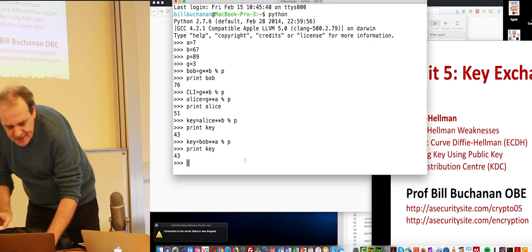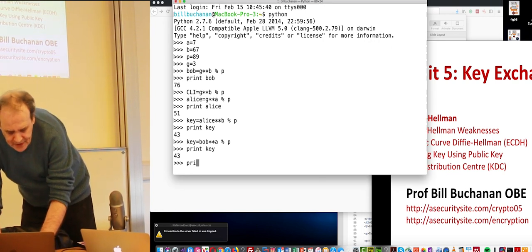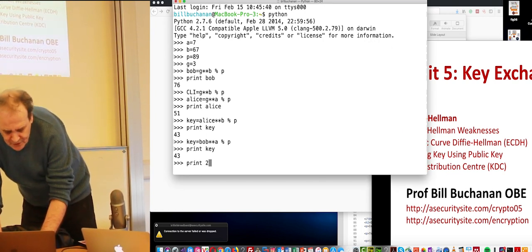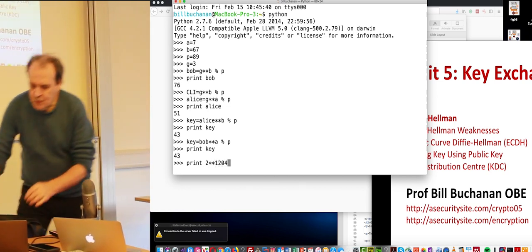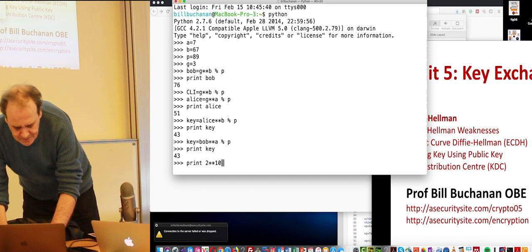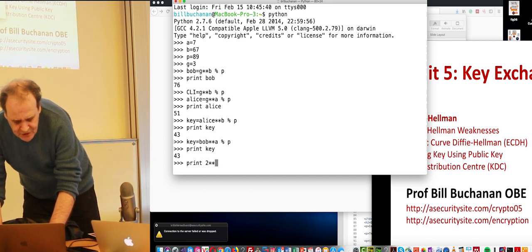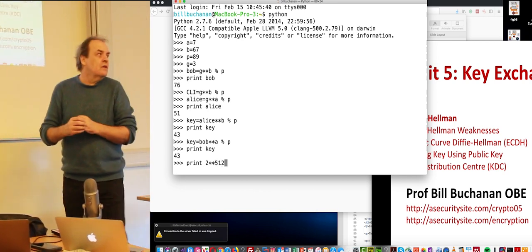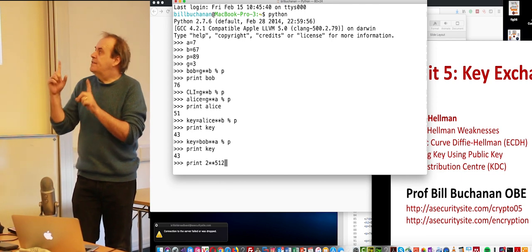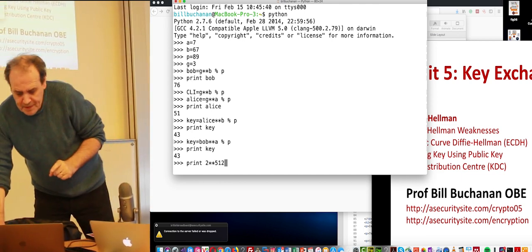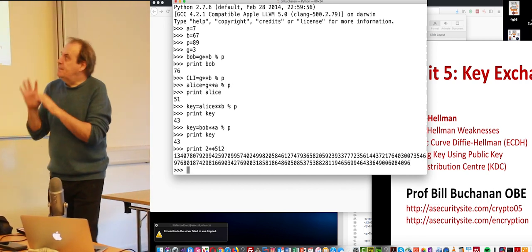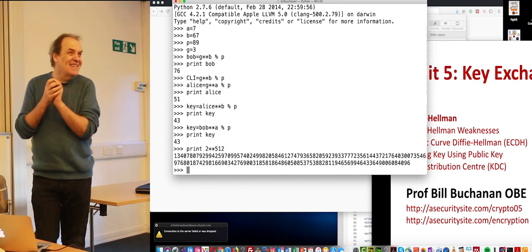Obviously, the numbers that we're dealing with are more like a 1024-bit prime number. Well, we'll go for 512. If I have a 512-bit prime number, it looks a bit like that.